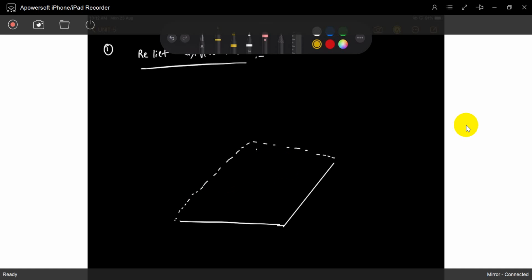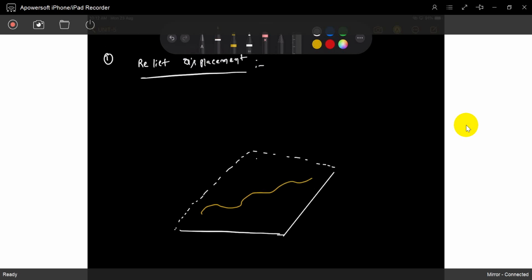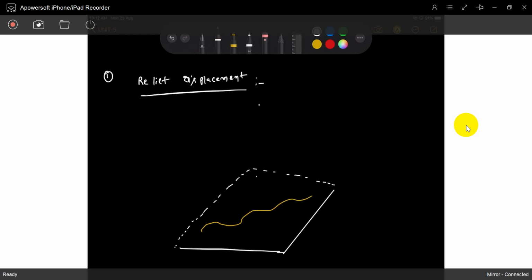In the ground, every point has different elevations, like this elevation. Just see. So if you now observe, if you take a photograph, it's a plane like this. It's a photograph.